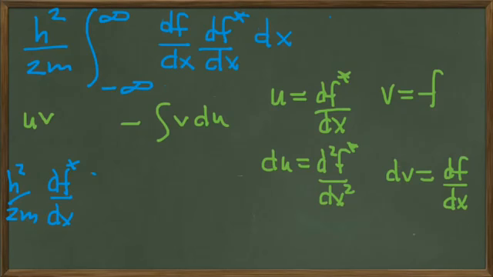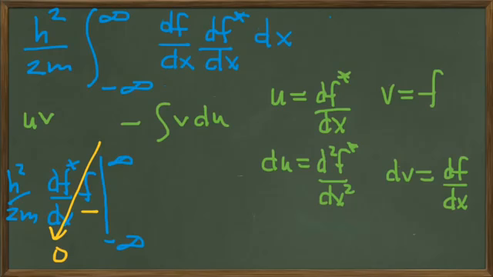The v is f. This part, the uv part, is from minus infinity to infinity. Because we have the f in there and we're going between minus infinity and infinity, this whole expression goes to 0.